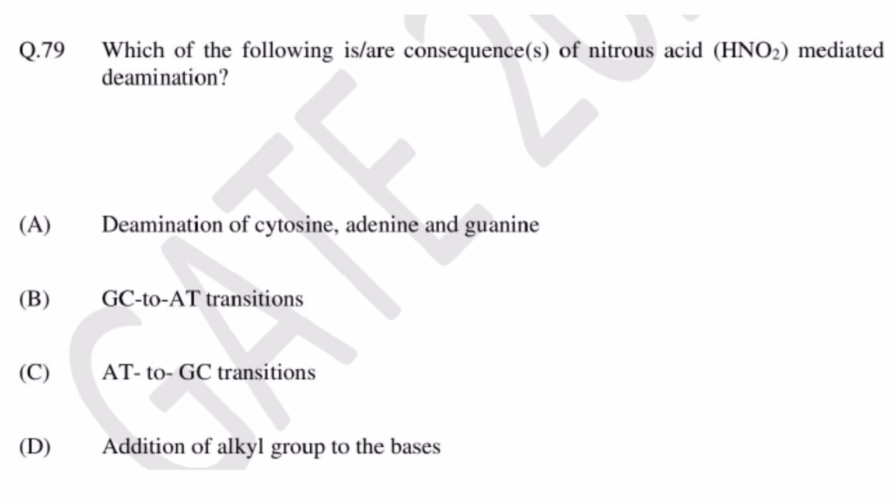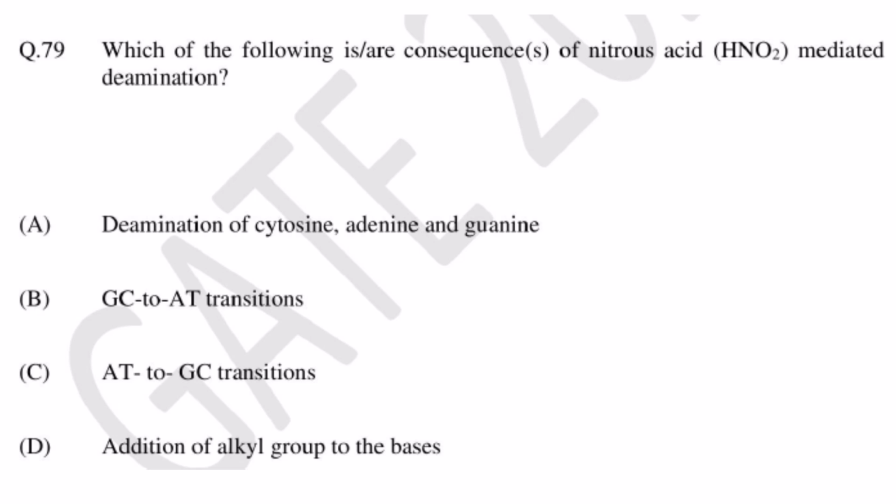Then next one. Which of the following is or are consequence of nitrous acid mediated deamination? So deamination of cytosine, adenine, all these will give rise to, I will explain. Deamination of cytosine results in uracil, which pairs with adenine. So in the next round of replication, GC will be converted to AT, or you will get GC to AT transitions.